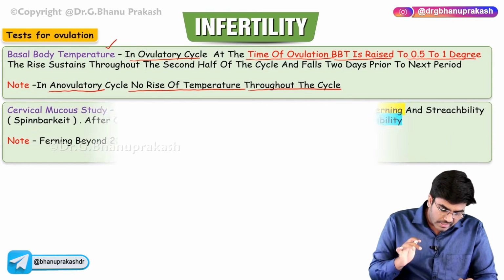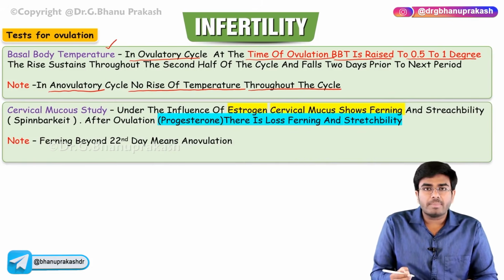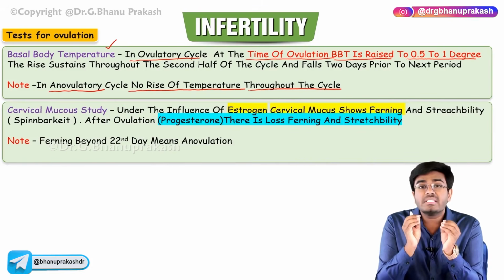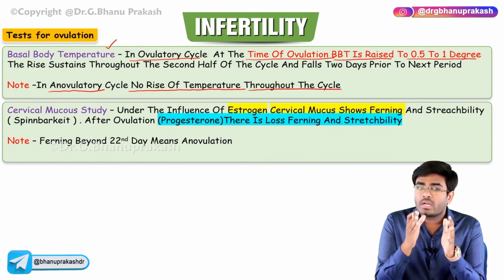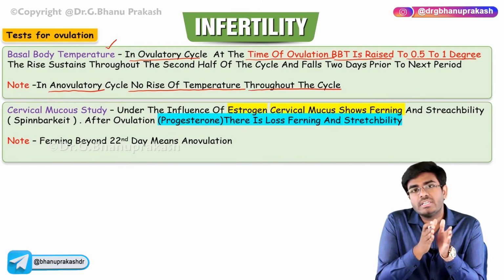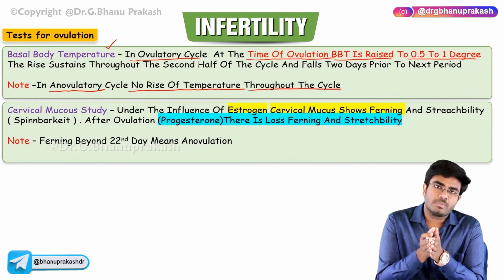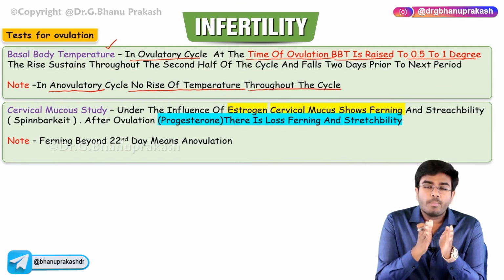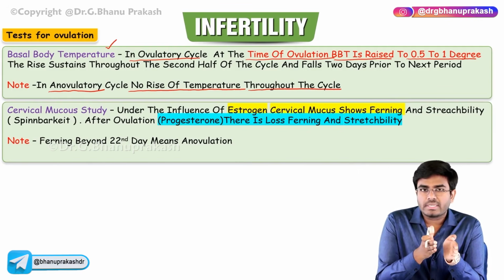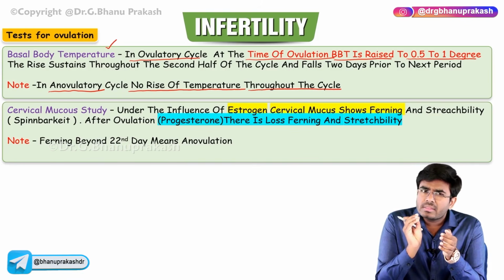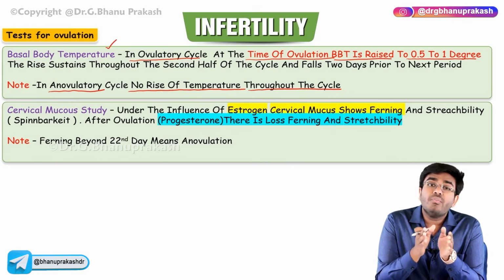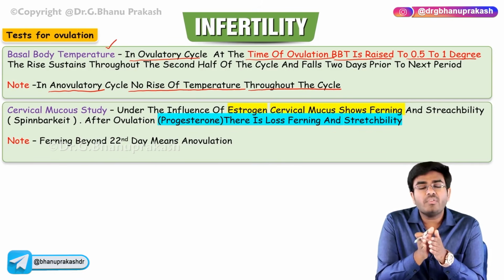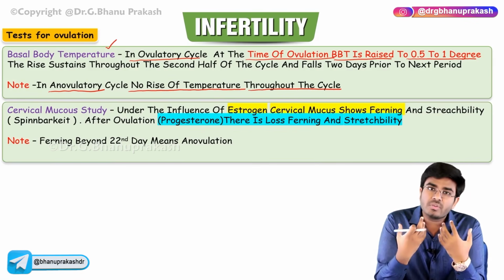Okay, now the second test is the cervical mucus study, which means we are just examining the cervical mucus and we are going to come to a conclusion whether she is ovulating or not. How is this possible? Because in the proliferative phase of the menstrual cycle, the cervical mucus consistency is a bit different when compared to the secretory phase. What does that actually mean?